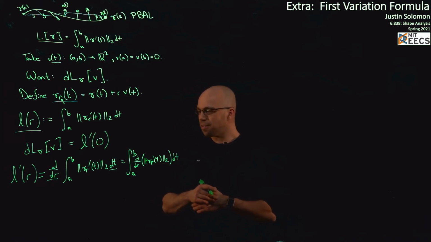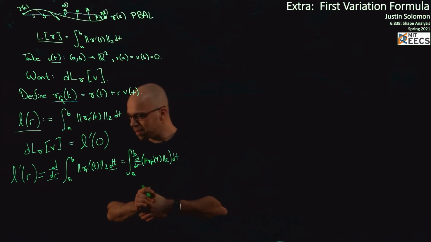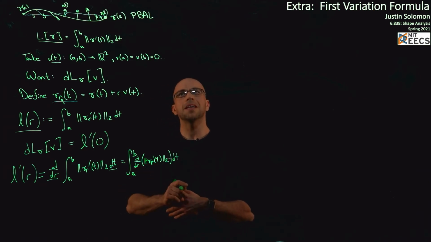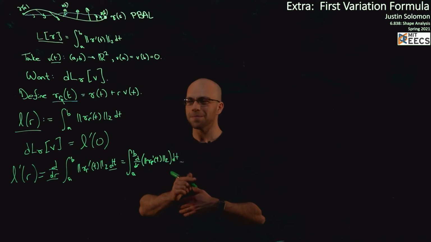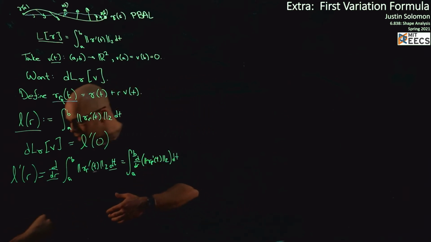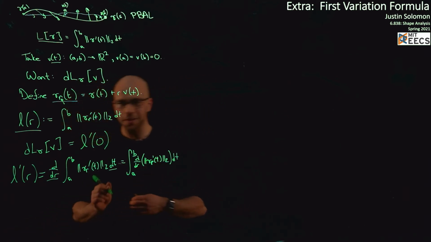Okay. So now we're in pretty good shape. So now we're going to make use of one small formula that I want you to prove at home, which is as follows. I've got it in my notes here to make sure that I get it right.